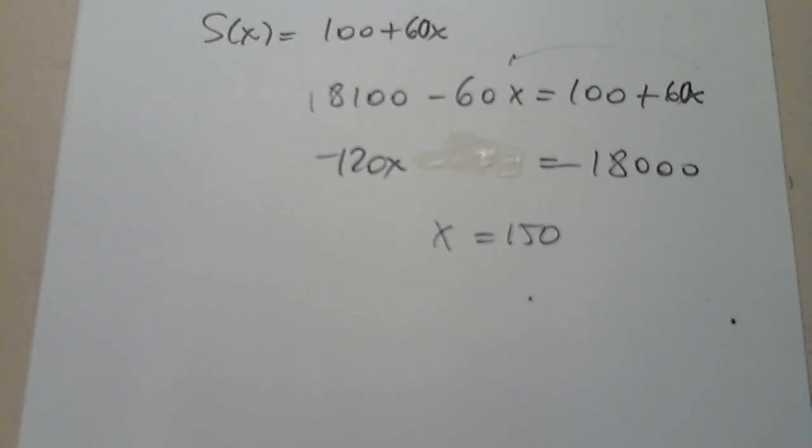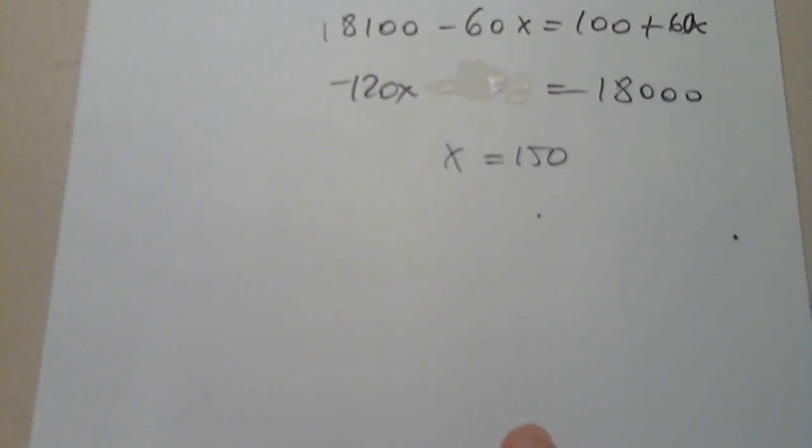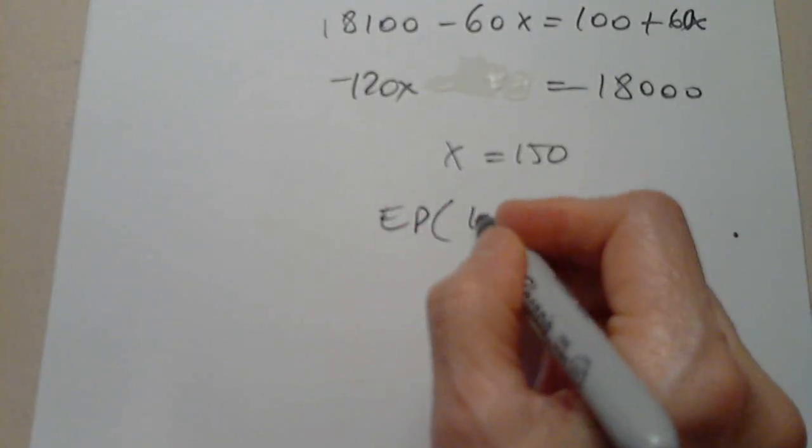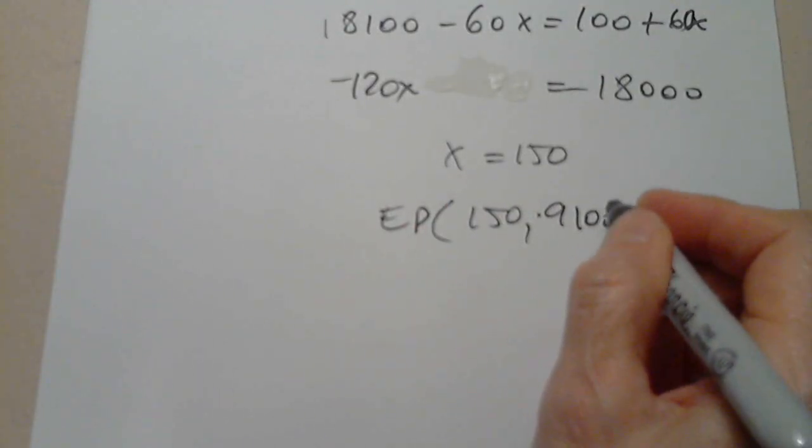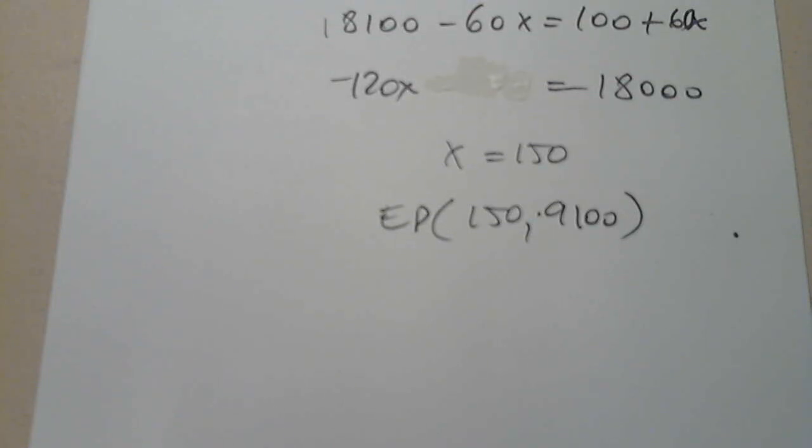So I got 9100. So the equilibrium point is 150, 9100. Good.